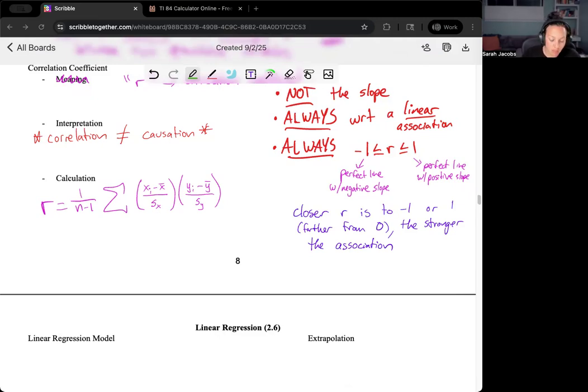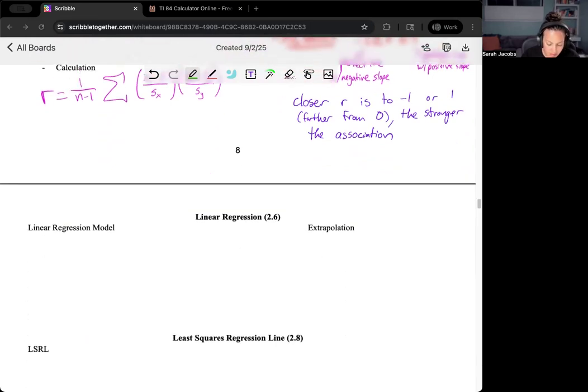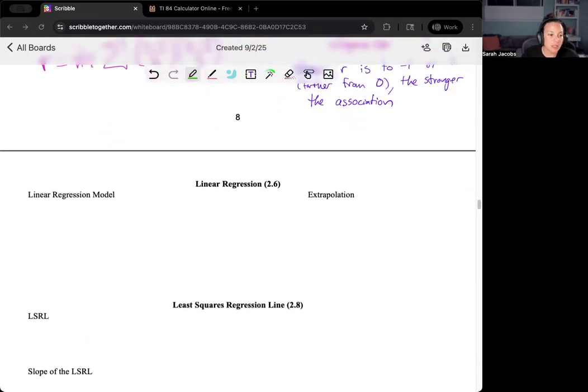Linear regression. Then I'll take a pause. A linear regression model is extremely similar to y equals mx plus b. However, because we're going to be fussy, in AP Stats we use y hat equals a plus bx.